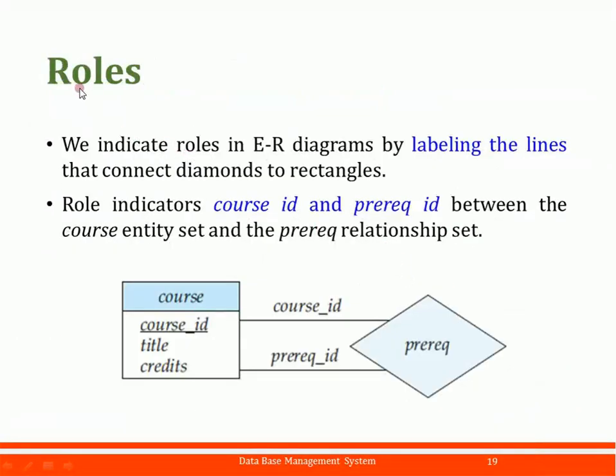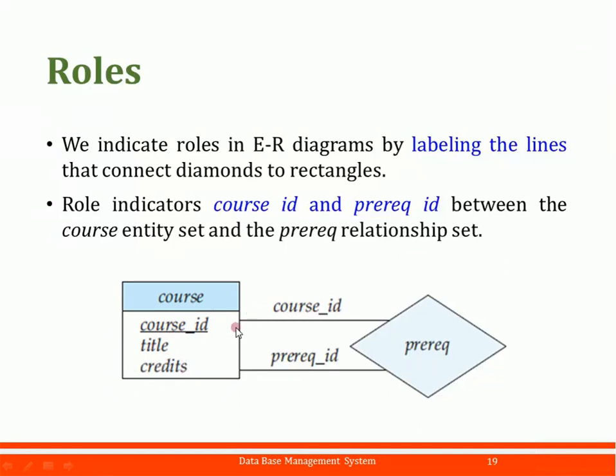And the next thing is roles. Already in one session we have discussed roles. We can indicate the roles in an ER diagram by labeling the lines that connect the diamond to the rectangles. Role indicators course ID and prerequisite ID are between the course entity set and the prerequisite relationship set. So a course will have course ID, title and credits.